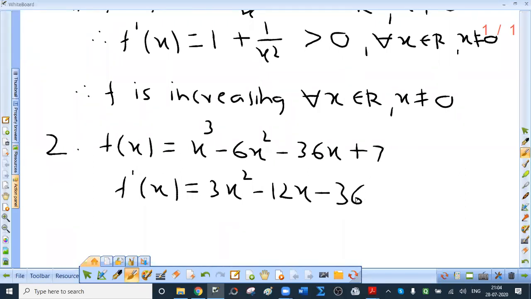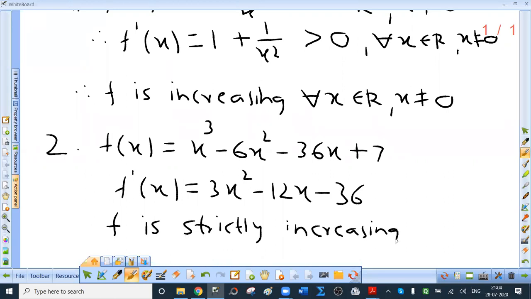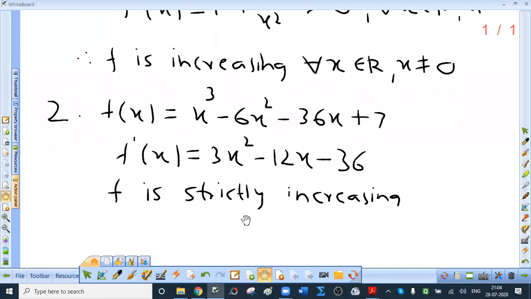Is that clear? Now f is strictly increasing. Write down. F is strictly increasing if f dash of x is greater than 0. See, that is why I have explained how to solve inequality.